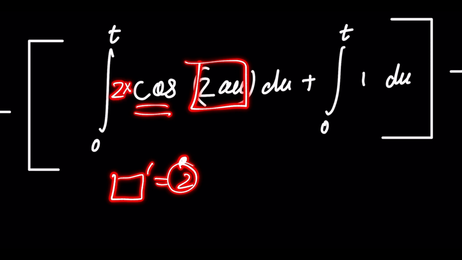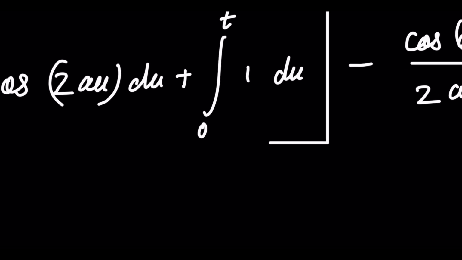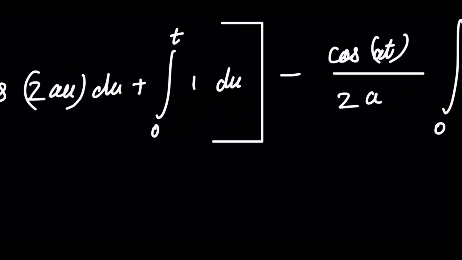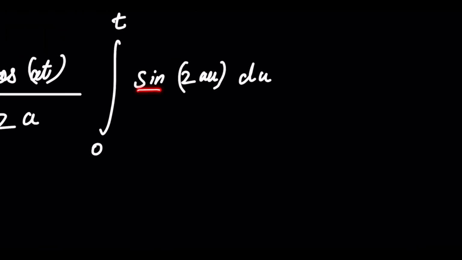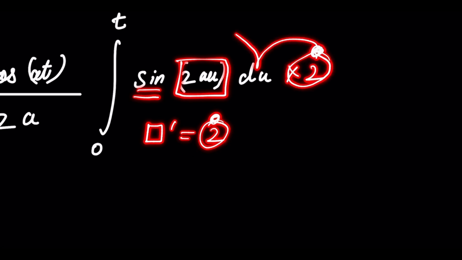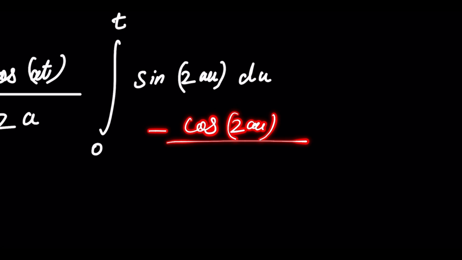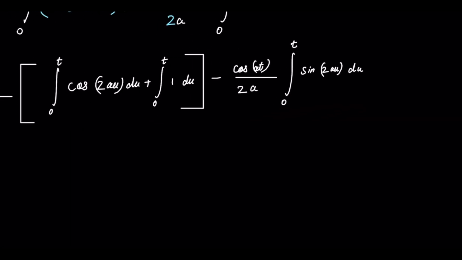Introducing 2 here and outside the integral, eventually giving us 1 by 2 sine 2au. This becomes u. The integration of sine is like this. This will be leaving us with the minus cos 2au divided by 2. So let's complete these steps.